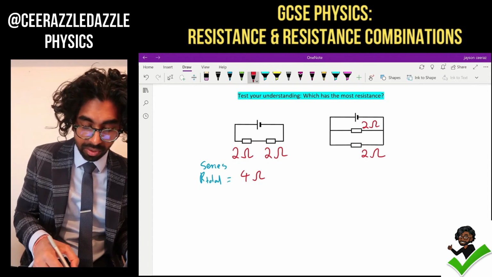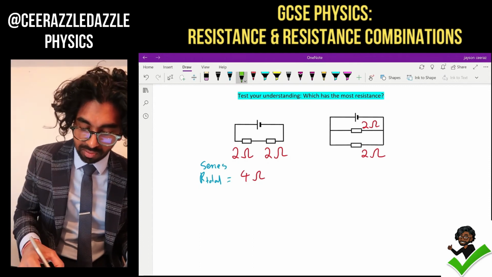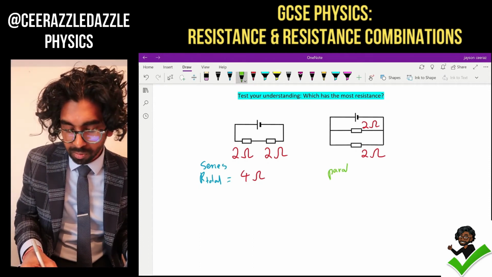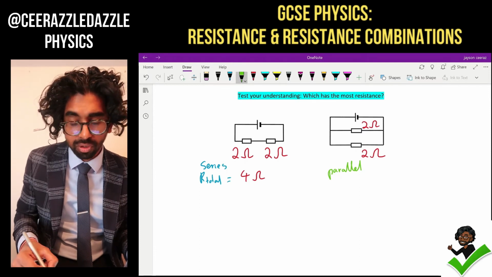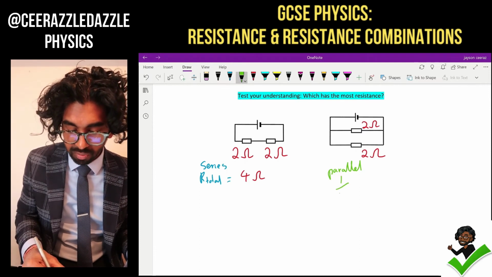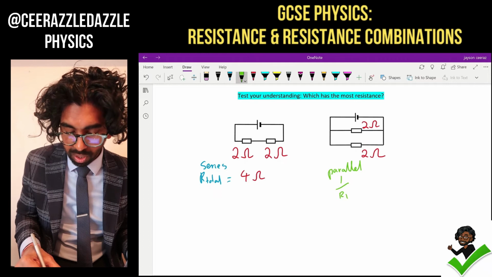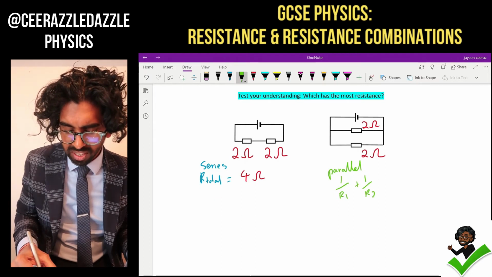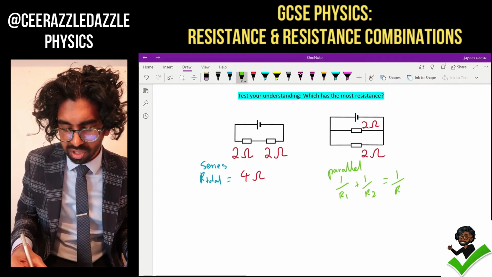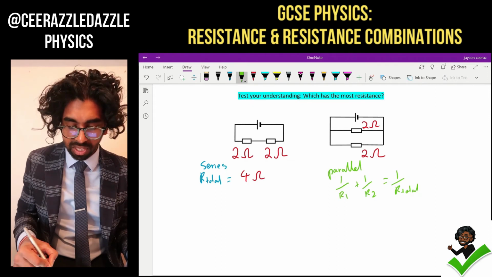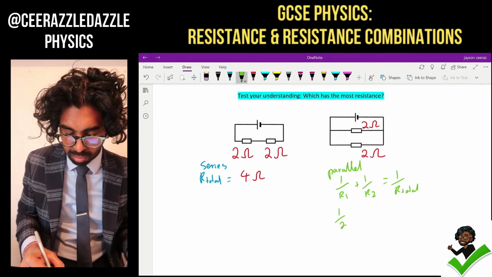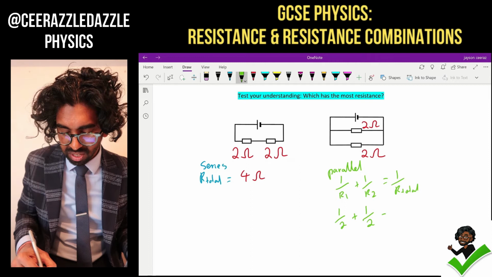Now, if we have the parallel circuit, if this one is in parallel, I've got to use the long formula. 1 over R1 plus 1 over R2 is equal to 1 over resistance in total. Put the numbers in, so it's going to be 1 over 2 plus 1 over 2 is equal to 1 over resistance in total.